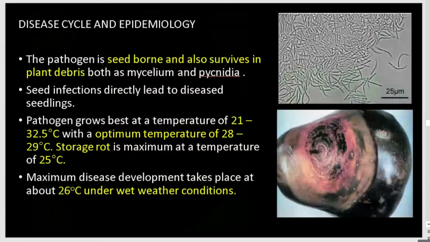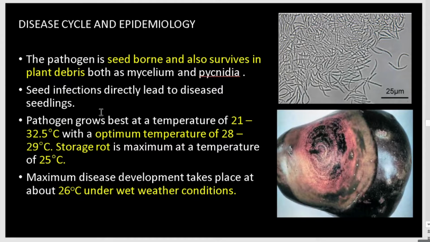This pathogen is both seed-borne, and it can survive saprophytically on infected plant debris as dormant mycelium. This disease is very severe when conditions are very wet and the temperature is around 20 to 25 degrees Celsius.